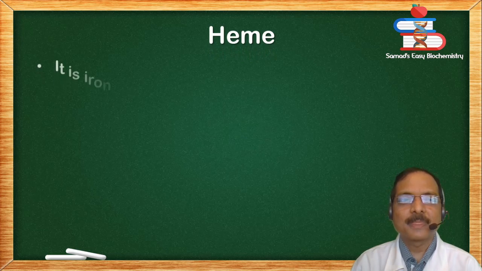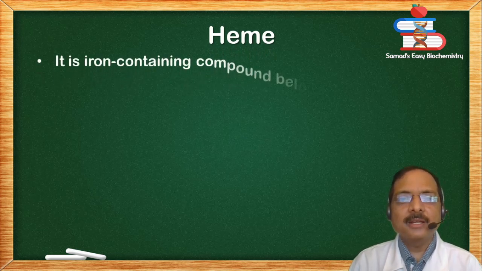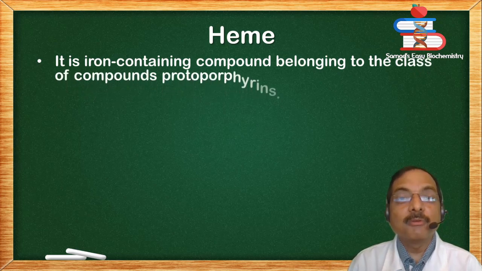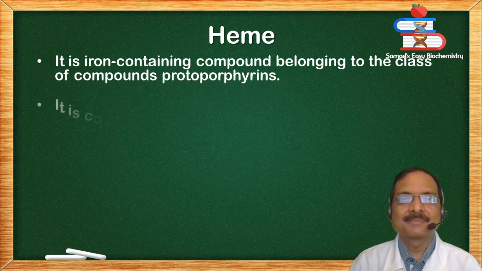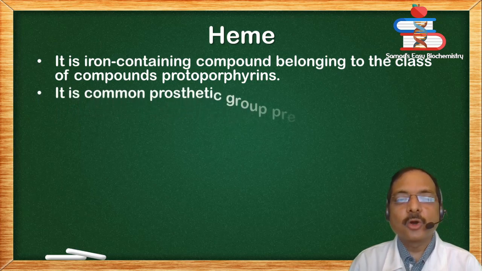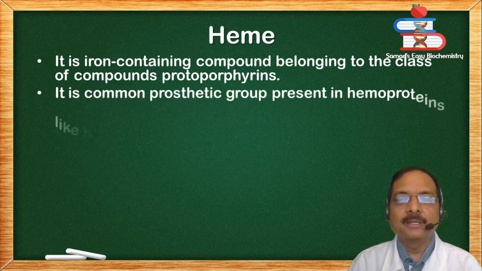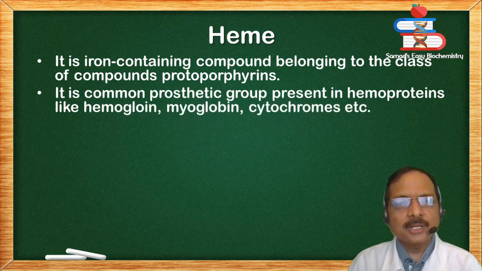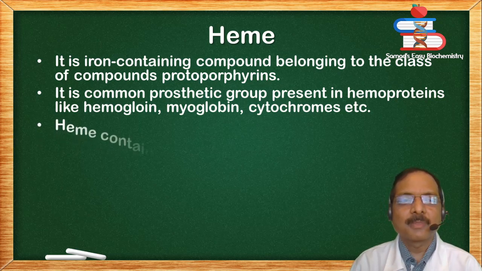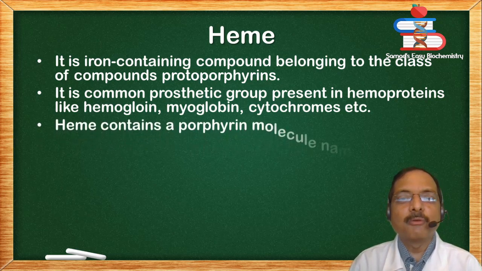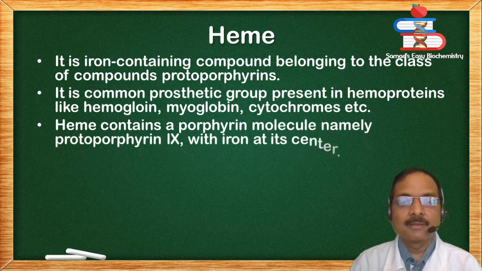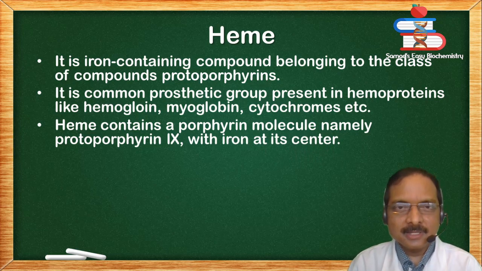Heme. It is an iron-containing compound belonging to the class of compounds protoporphyrins. It is a common prosthetic group present in hemoproteins like hemoglobin, myoglobin, cytochromes, some enzymes, etc. Heme contains a porphyrin molecule, namely protoporphyrin 9, with iron at its center.